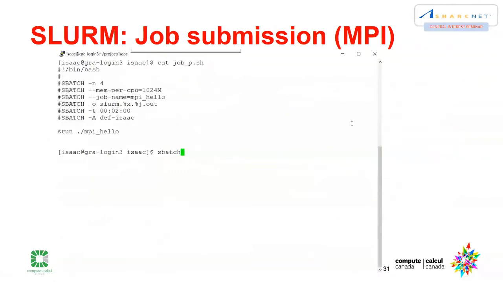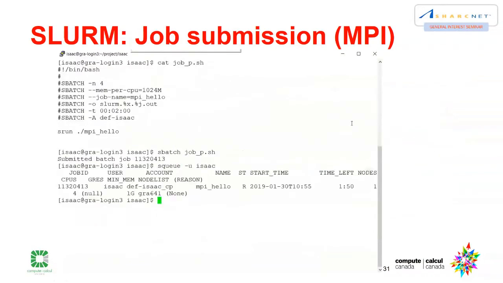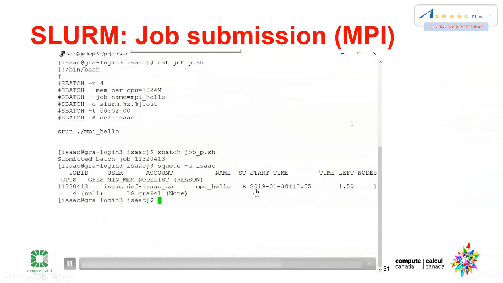And then I submit the job as batch job underscore p.sh, and I'll get the job ID. Checking my account in the queue, you can definitely see it's running. Status is running.